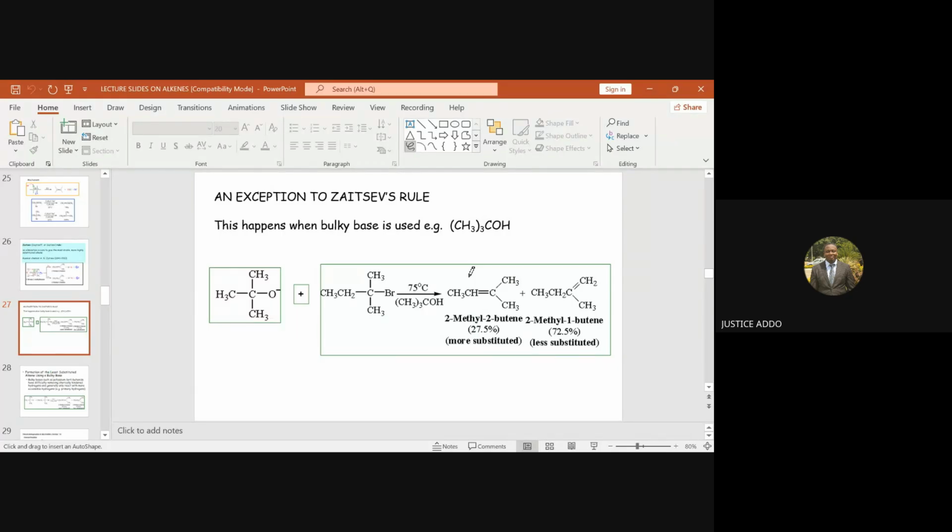Then, if the reaction I provide for you involves a huge or bulky base, like the one you see on your screen, then the reaction will be the opposite of Zaitsev's rule. And then the least substituted alkene will be formed more, and that becomes your major product. So in an elimination reaction, pay attention to the type of the base being given to you in the reaction.